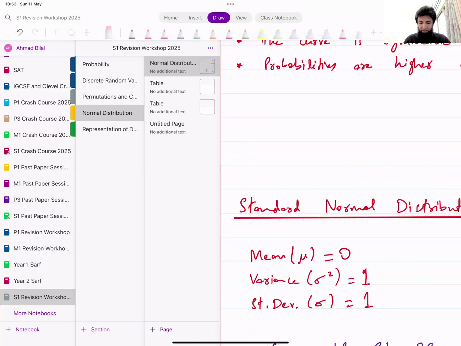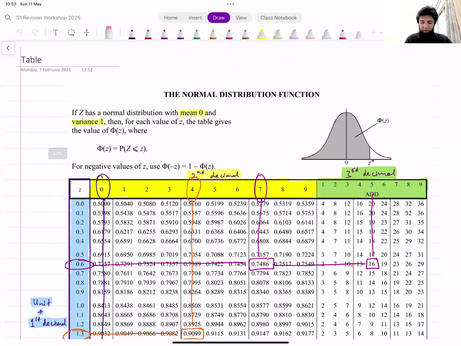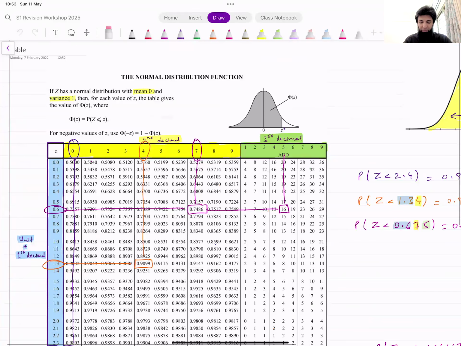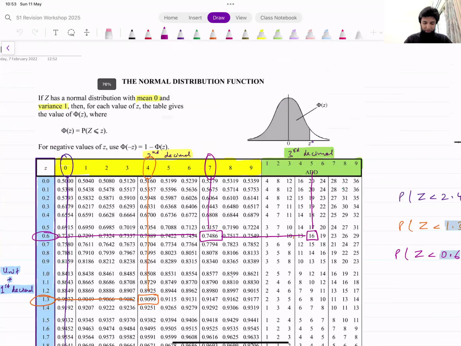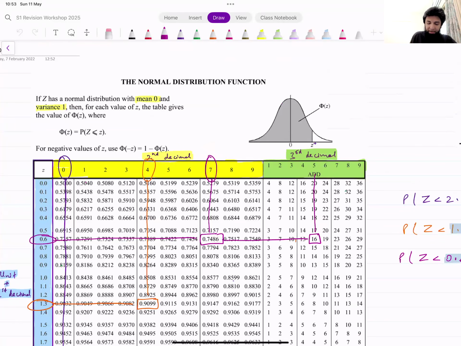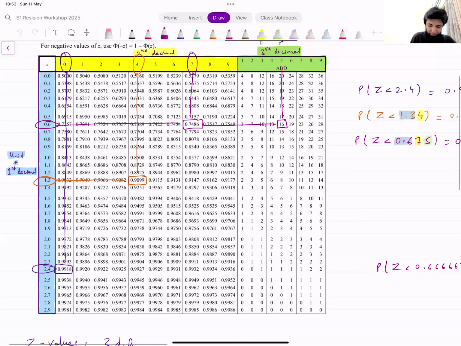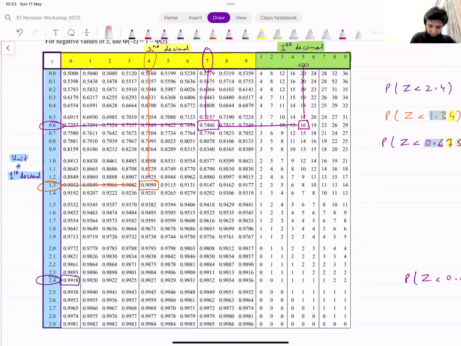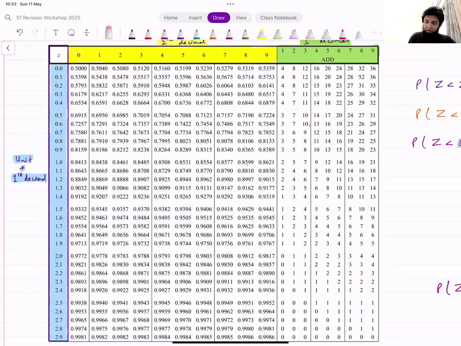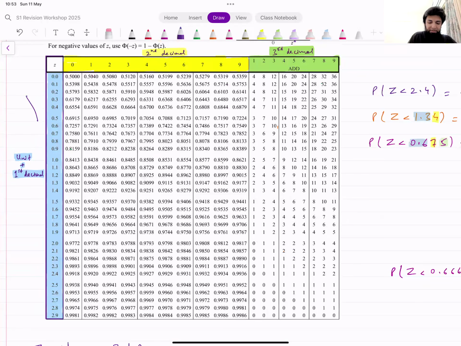Now, how will that work? Let's understand it using this table. Let's understand first of all how to read the table. So you'll have a table that looks something like this. These highlighted row and column that you see, the first column and the first row, they represent Z values.